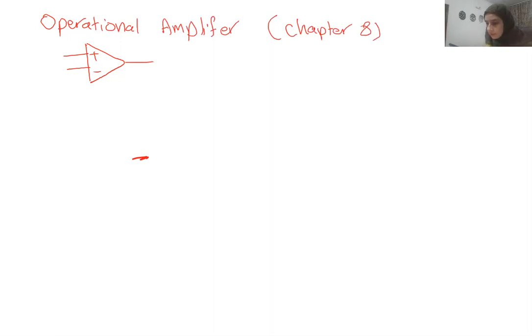It has two inputs, Vn positive and Vn negative, and we have either one output or two outputs. The positive one, we call this the non-inverting input. And this negative side is called the inverting terminal or input.